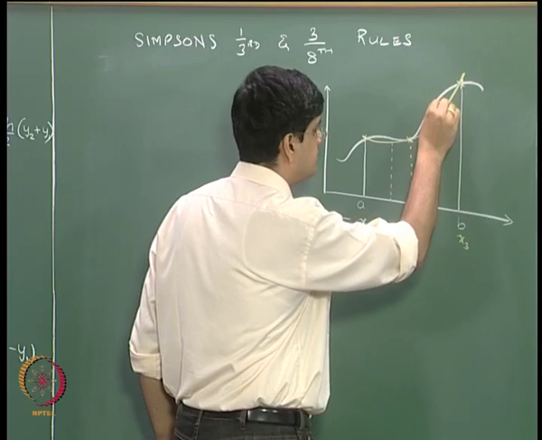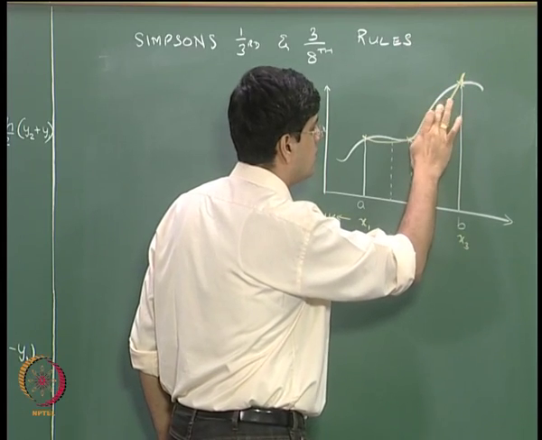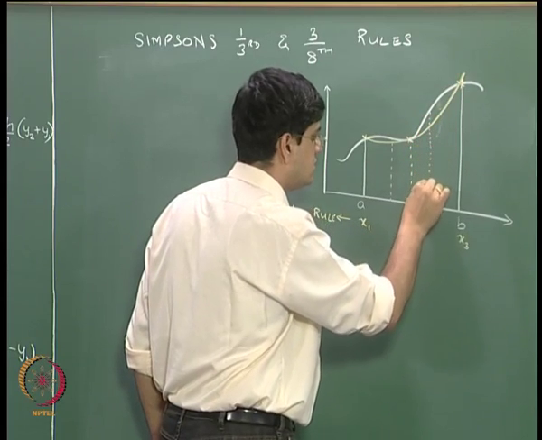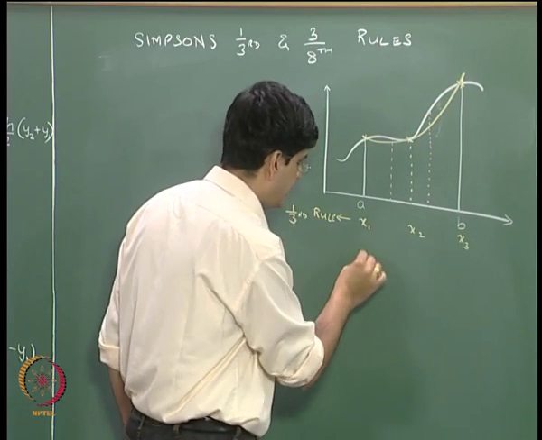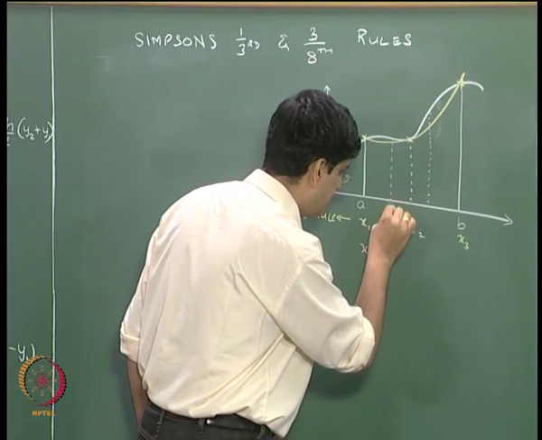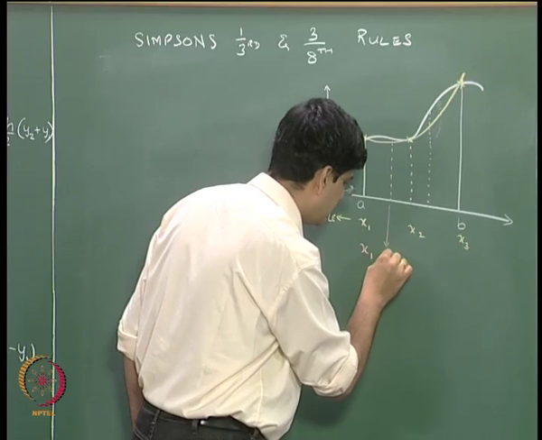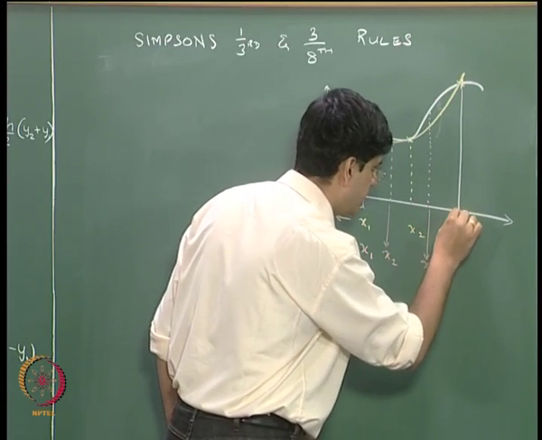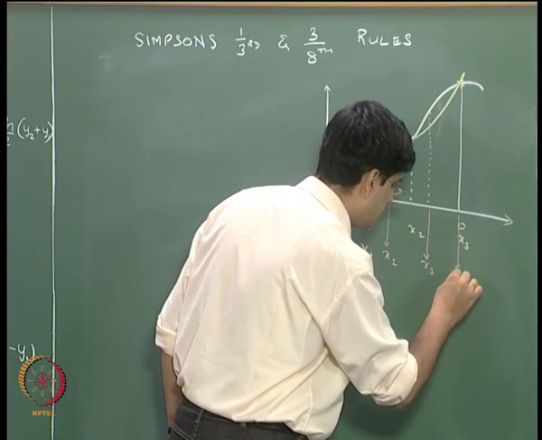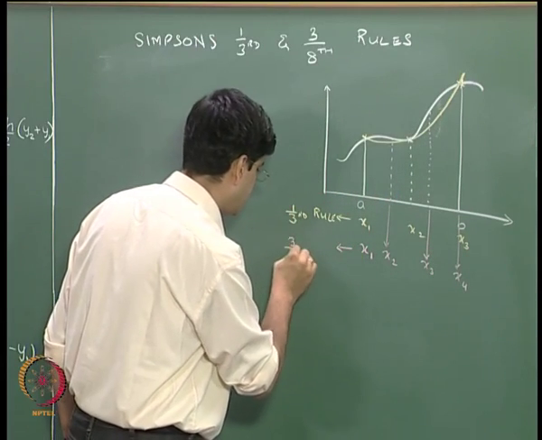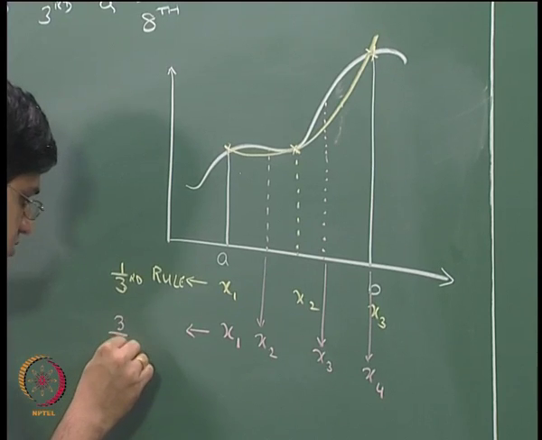I will mark them using these red dotted lines, and I will write them using the red chalk over here. They will become x1, this one is x2, this one is x3, and this one is x4, and this will give us the 3/8 rule.